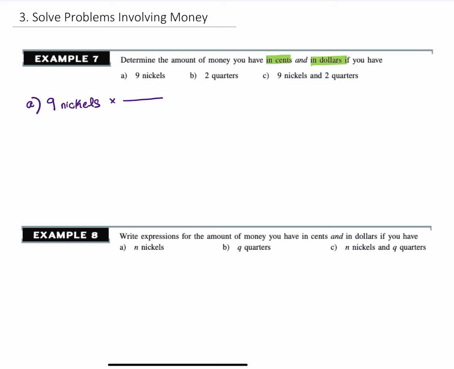And I know I want to cancel the nickels, and I want to pick up cents as my unit. So how many cents are in a nickel? Well, I know that 5 cents make up 1 nickel. So this is what I would want to multiply by. So the nickels will cancel, and then we'll get cents as our result. So really, I just want to do 9 times 5. We have 45 cents.